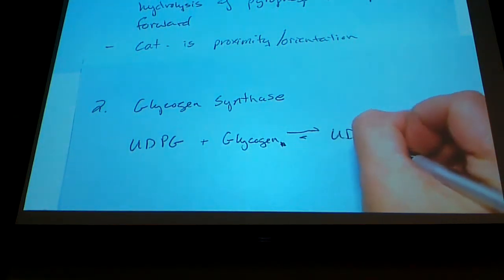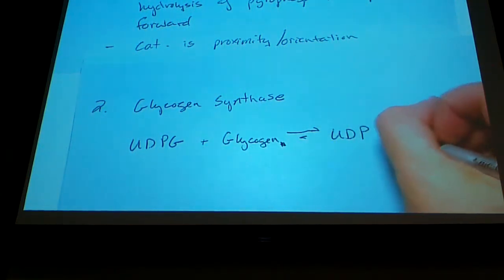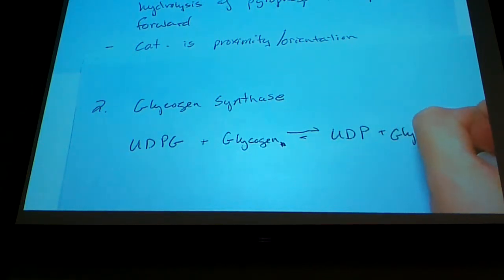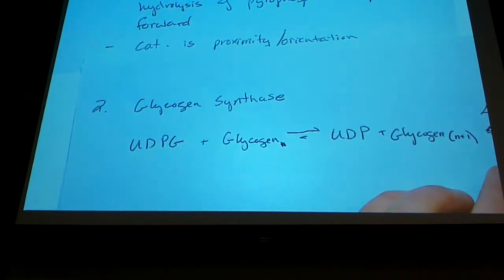And we're going to release our UDP plus glycogen, now N+1 units long. And that standard free energy change is equal to negative 13.4 kilojoules per mole.